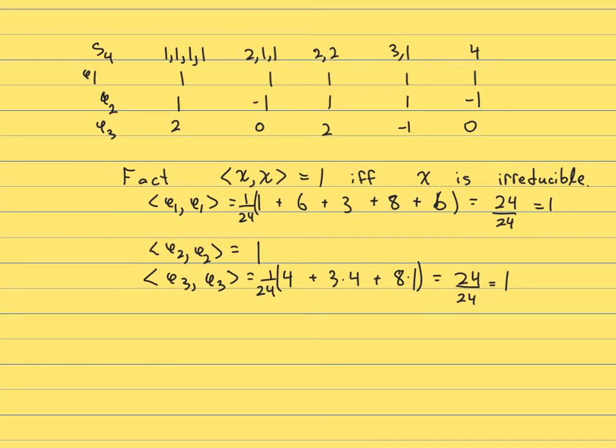What do we know about this? We know that the sums of the dimensions squared has to add up to the order of the group. So whatever these remaining 2 irreducible representations are, the squares of the dimensions has to add to 18.